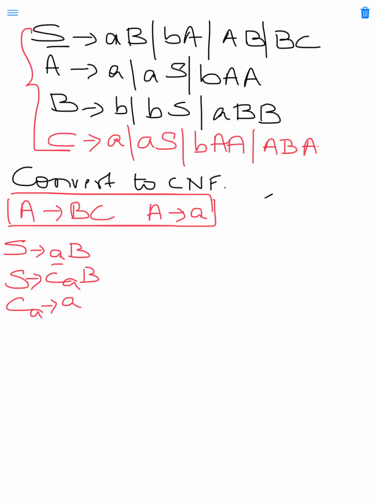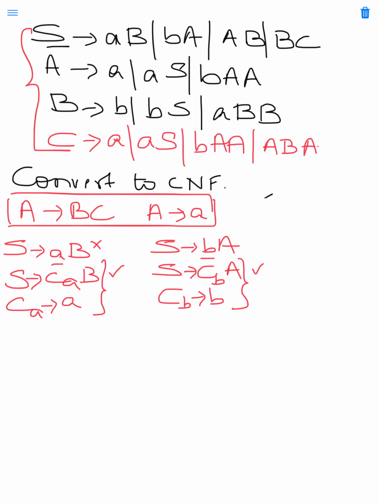So this production can be removed and these two productions can be inserted. Okay, so consider the next one, that is S gives bA. Similarly, you have to write S gives, in place of this terminal, insert a new non-terminal CB, A, where CB will be giving b.